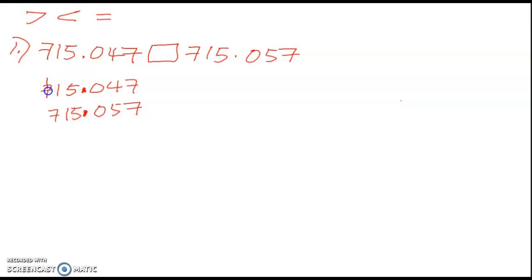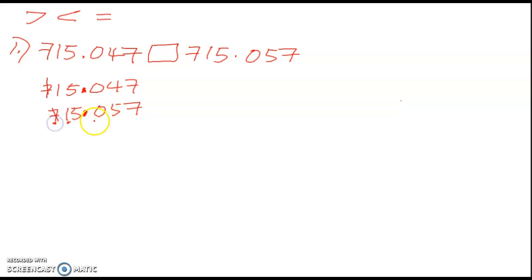So I have here 7, and this is also 7. Again, this is the decimal place here. So let me recall the place values. This is the ones place, this is the tens place, and this is the hundreds place.